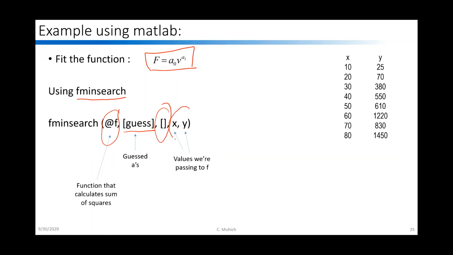And then we're going to pass in all of the values into f that are going to be minimized. All right, let's go into MATLAB and use fminsearch in conjunction with our sum of squared error and see how this is going to go.